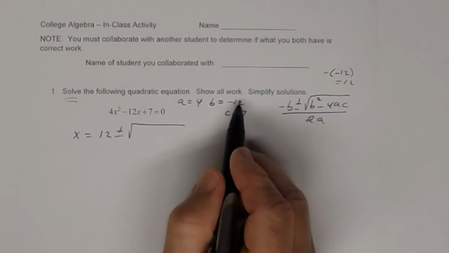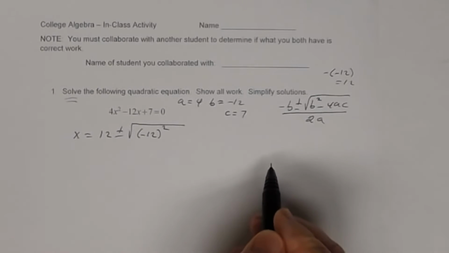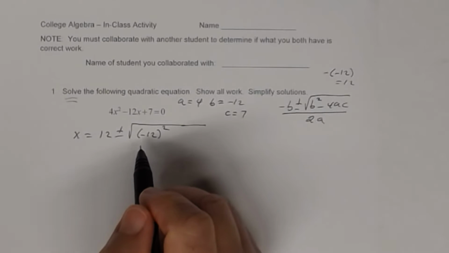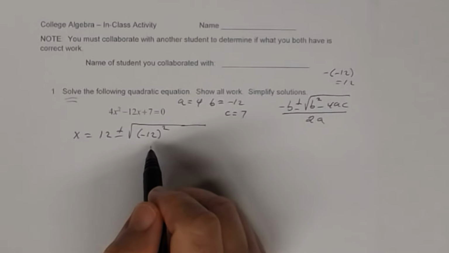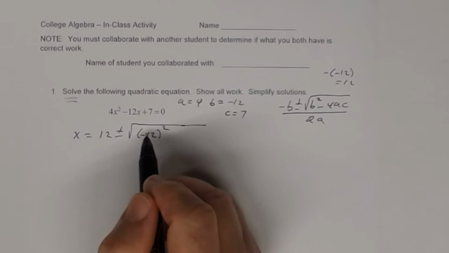It's always a good idea to put b in parentheses before you square it, especially if you're using your calculator. Because if b is negative and you don't put it in parentheses and you square it, it will give you a negative number. B squared should never be negative.